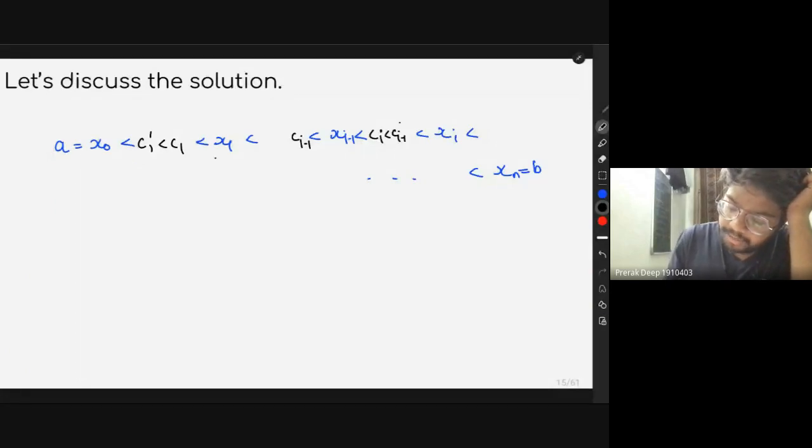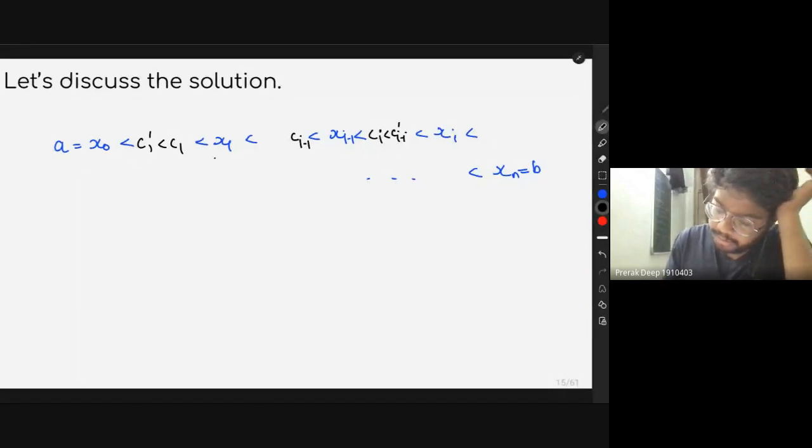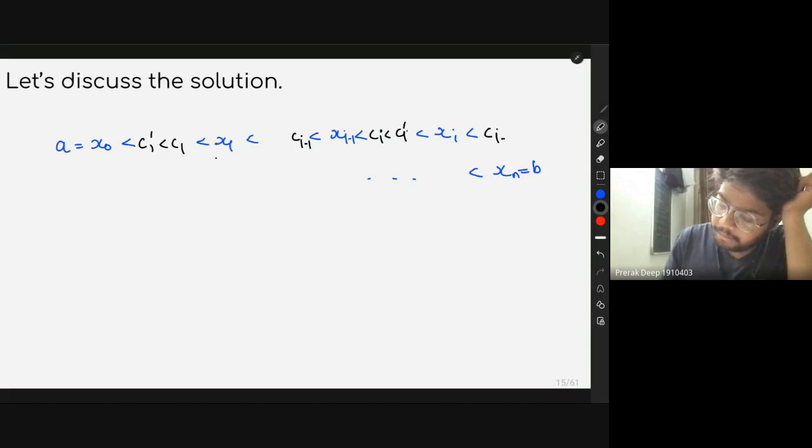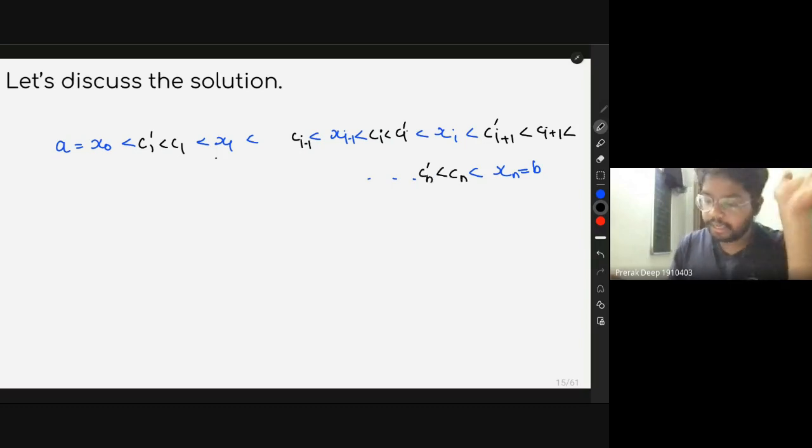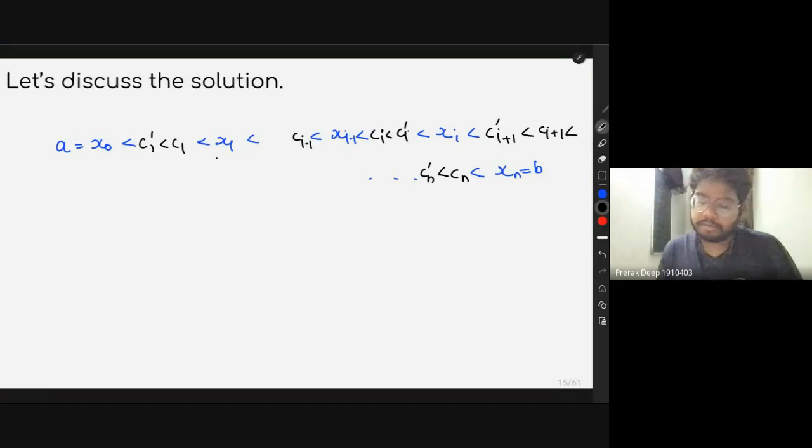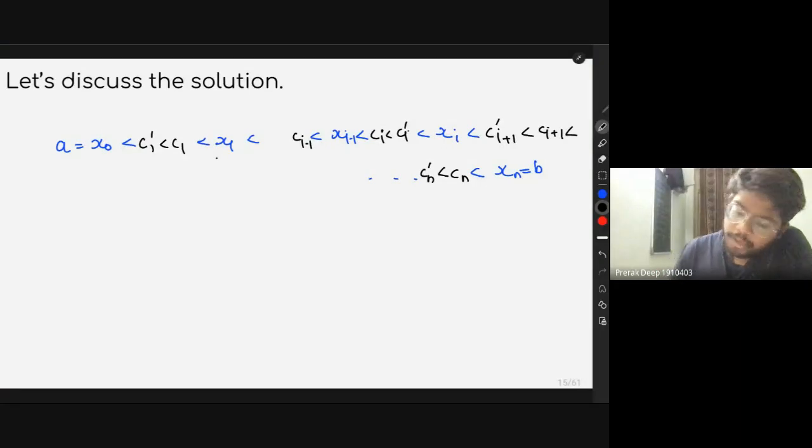Assume I don't know the order between them. So I will have Ci prime, and similarly Ci plus 1 prime, then Ci plus 1, and similarly Cn and Cn prime, something like this. I don't know the exact order between them. Okay, so this summation is good.